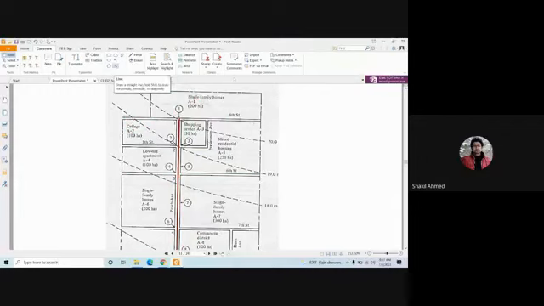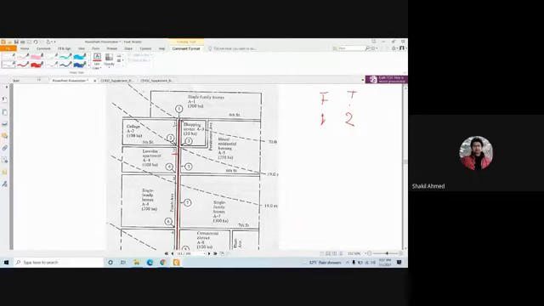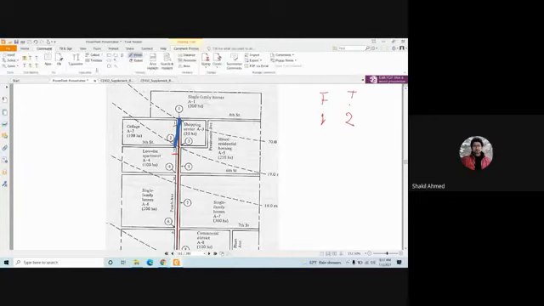If I tell you from 1 to 2, that means from this 1 to this 2. Clear? Yes, sir. That means we are referring to this pipe. Okay, fine.